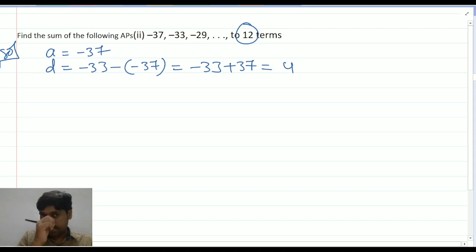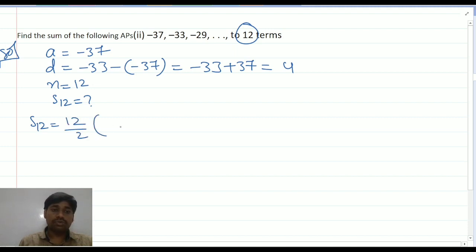Then n equals 12 terms, so S12 we have to calculate. The formula you know, so I am substituting directly: 12 by 2 of 2 into minus 37 plus (12 minus 1) into the common difference 4.